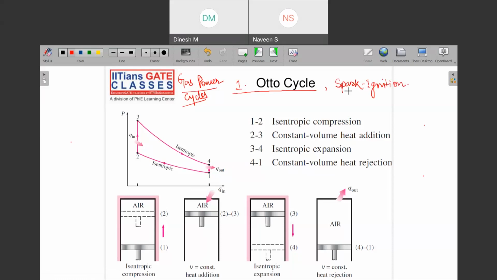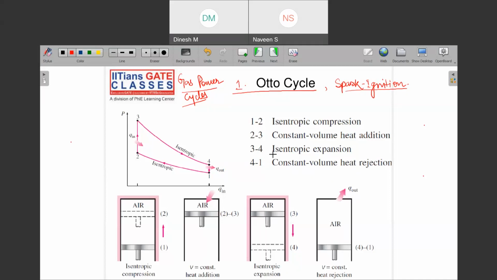Okay, let us see what happens in it. Once we know various processes, our job is to find out how we can get some fruitful work, right? So we started working upon various cycles.